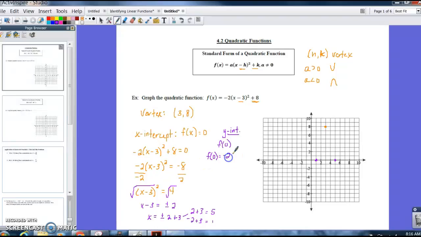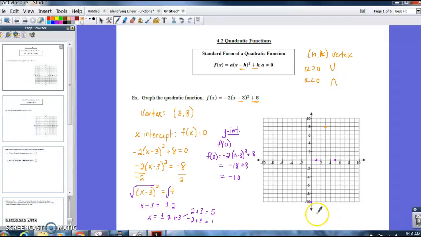So I have -2(0 - 3)² + 8. Okay, so (-3)² would be 9. 9 times -2 is -18, plus 8, so that would be -10. So I would go down here to -10.